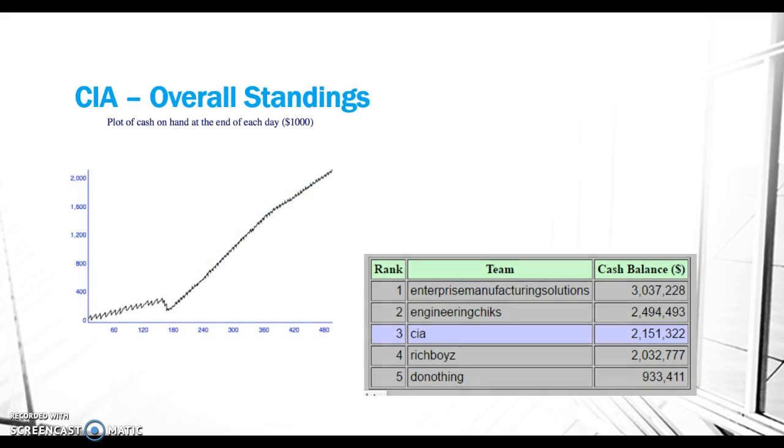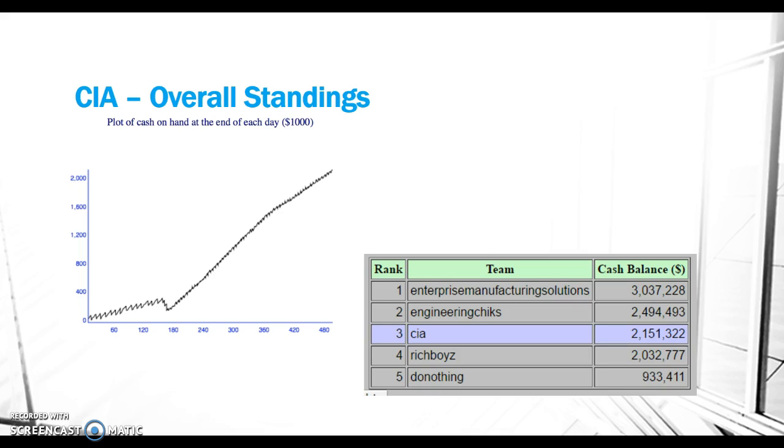Now looking at the overall standings. We plotted the graph on the left-hand side to show that for the first 150 days we had slowed down and kept things steady. Then when we first got involved at about the 150th day, we bought 2 machines, which you can see in the dip in the graph, and then we decided to be very, very aggressive.